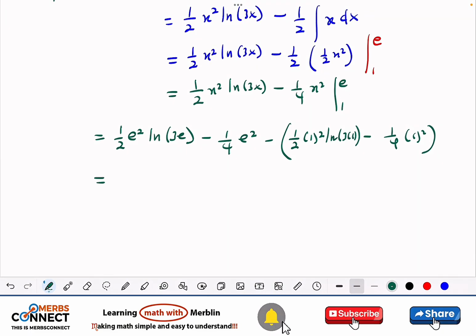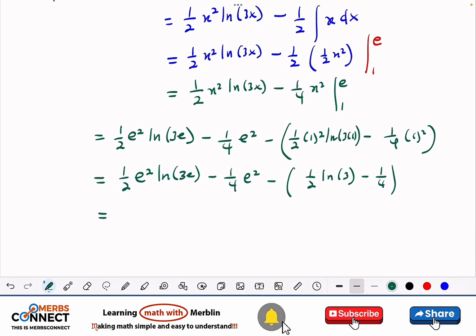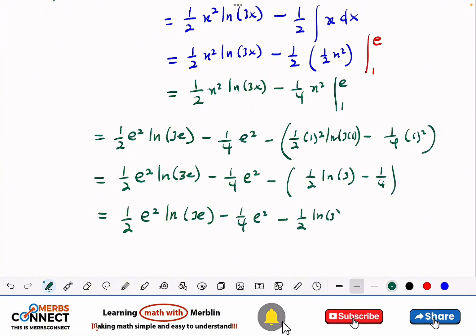So what are we getting? 1 over 2 e squared ln of 3e minus 1 over 4 e squared minus 1 over 2 ln 3 minus 1 over 4. And we are getting 1 over 2 e squared ln of e minus 1 over 4 e squared minus 1 over 2 ln 3 plus 1 over 4.